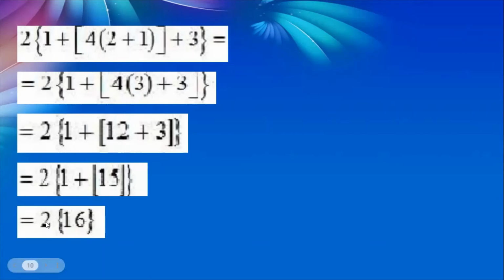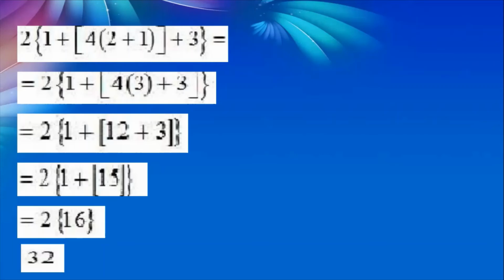Now this time, once we cannot see any operation at the center, and these numbers are enclosed by the bracket, it means that we are multiplying. So let us multiply 16 times 2 for our final answer, that is 32.